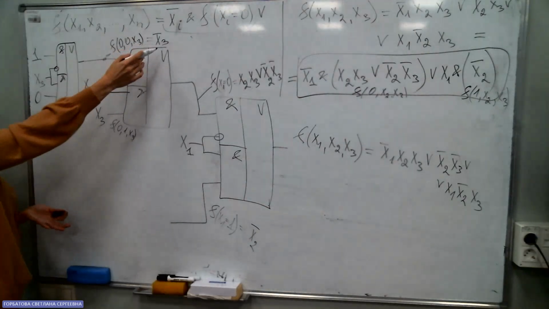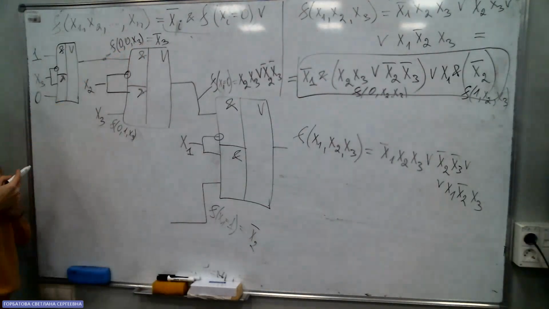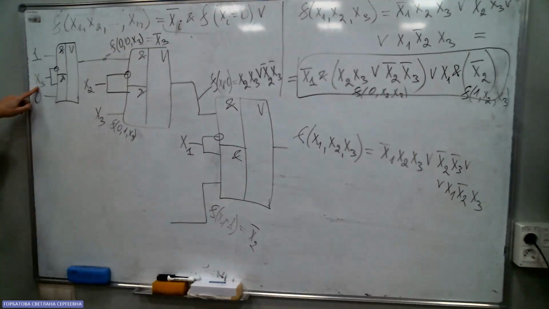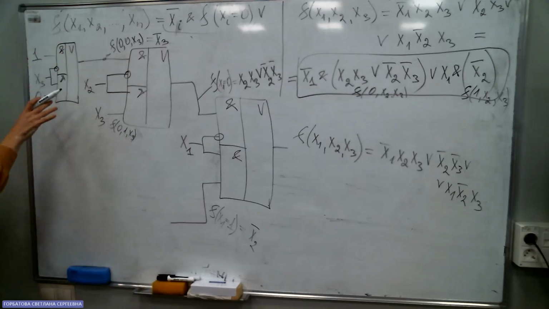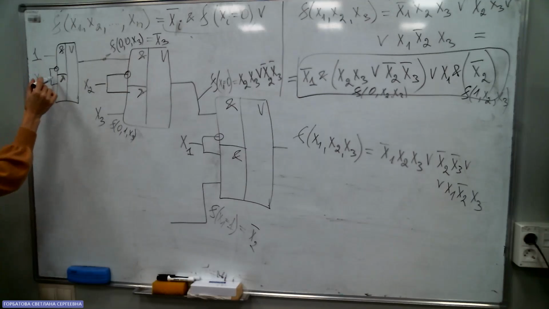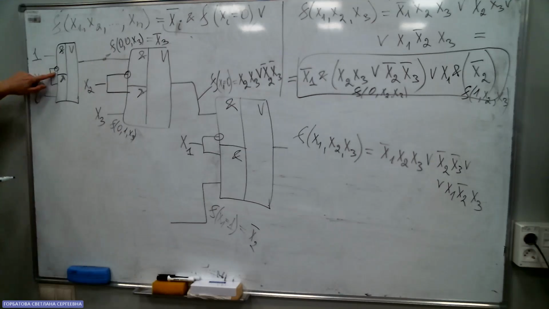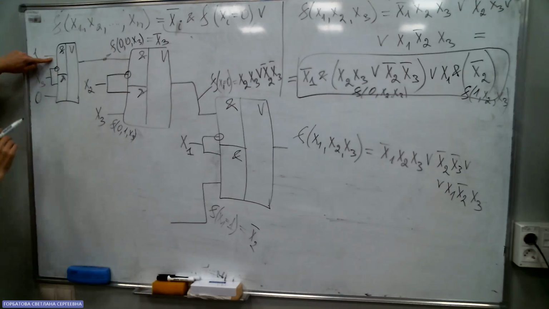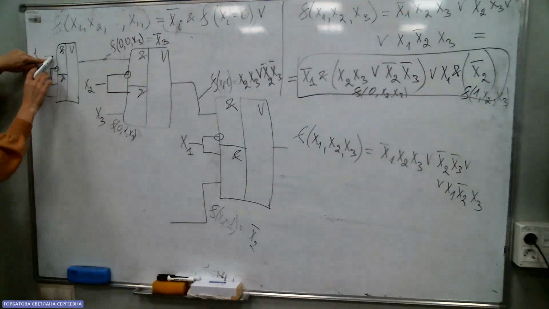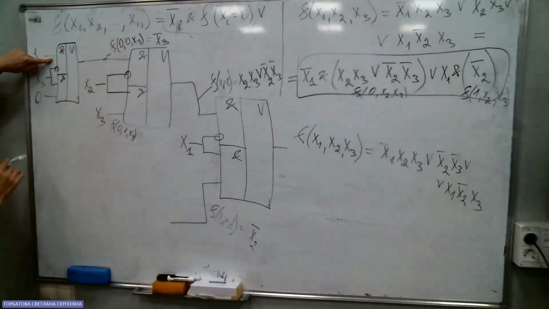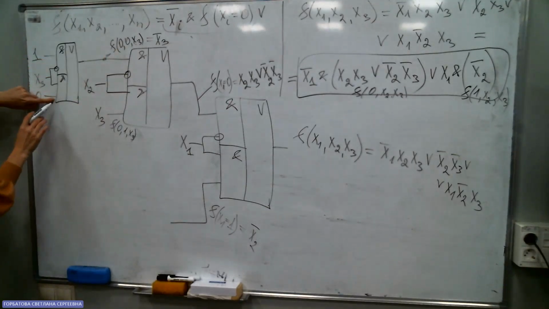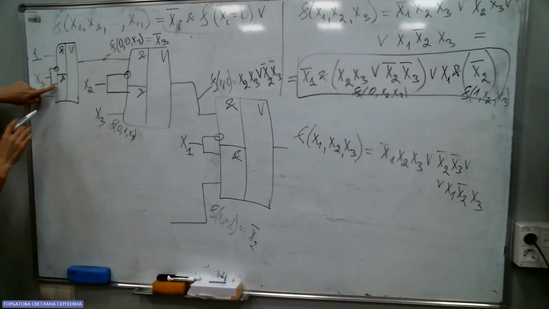In this expression, we have just one variable, x3, so we eliminate x3. This is a standard block: disjunction to conjunction, eliminating the variable with negation and without negation. Here negation, that is why here f where x3 equals 0, and here input for f where x3 equals 1.